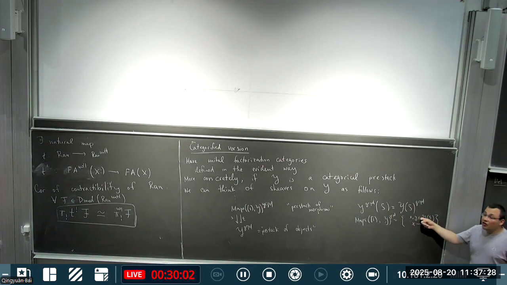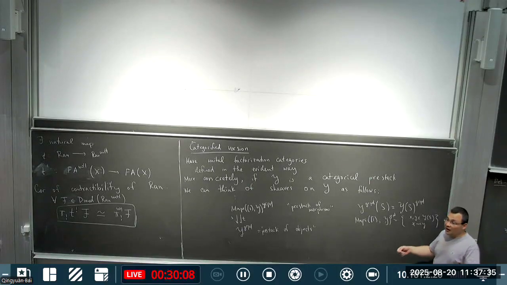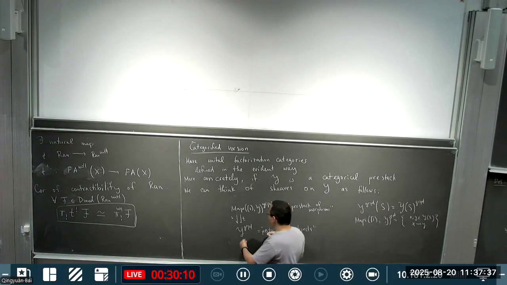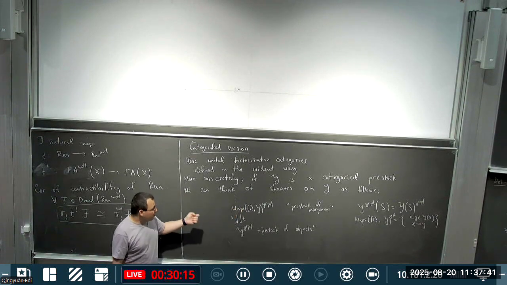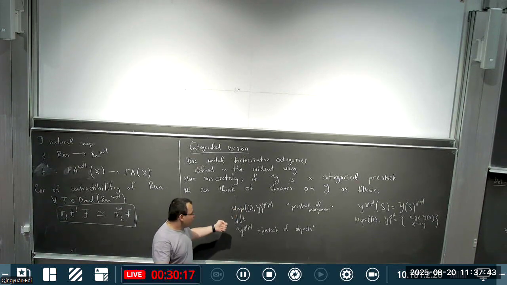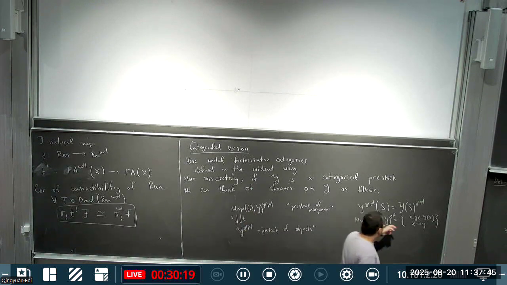So you can have a pre-stack that parameterizes pairs together with a map. In this categorical world, there are different ways of taking a product. A product would be just two points. This is two points with a map between them.